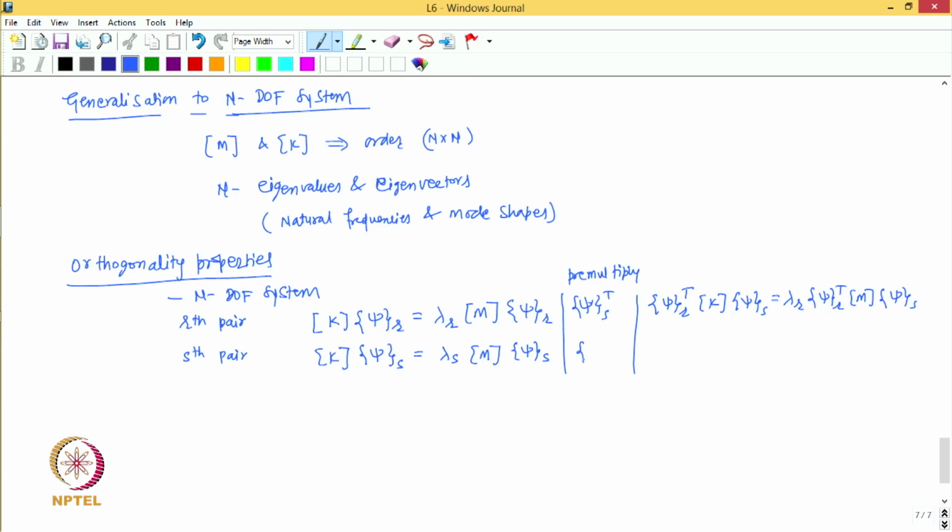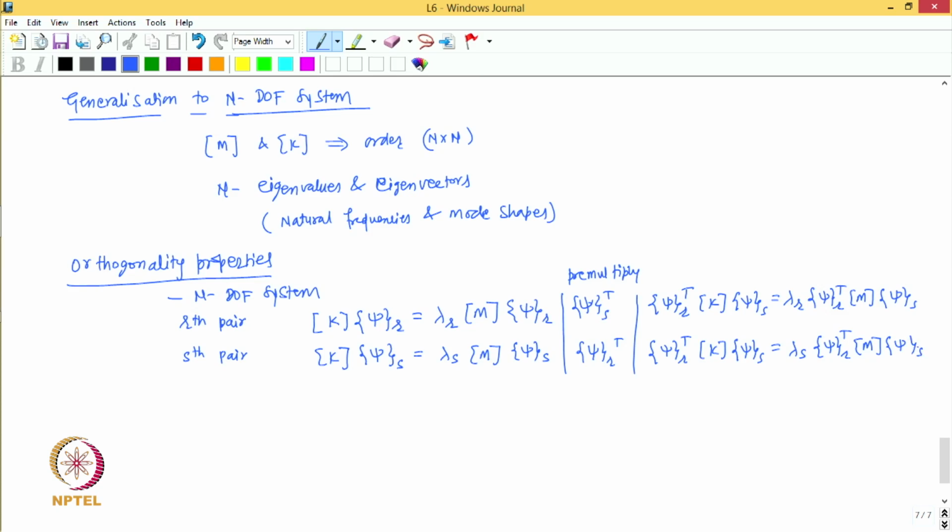Then we pre-multiply the second equation by psi r transpose, and the result is psi r transpose k psi s is equal to lambda s psi r transpose m psi s.